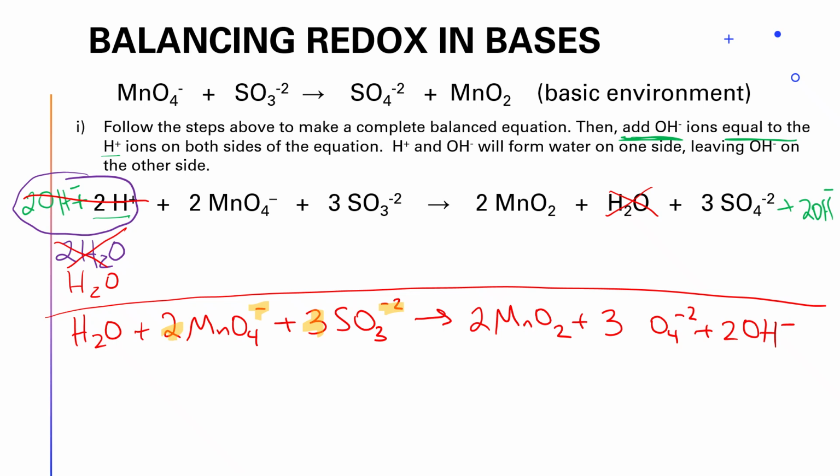And on the right, I see that I accidentally got rid of my S. On the right, I have 3 negative 2s, which is -6, and then 2 more negatives, which is -8. So my charges balance, my atoms balance, everything is balanced, and it's basic because it has that hydroxide in it.